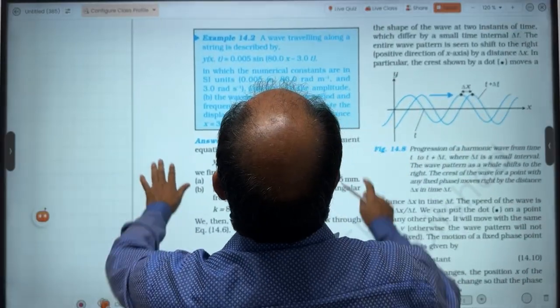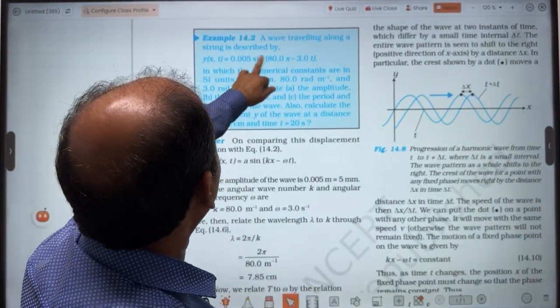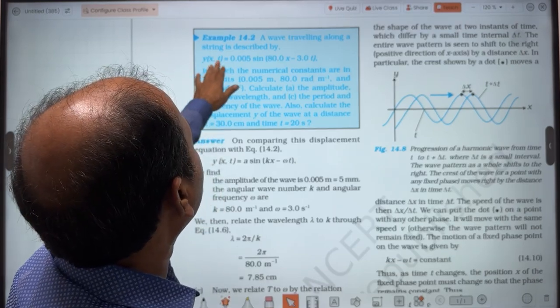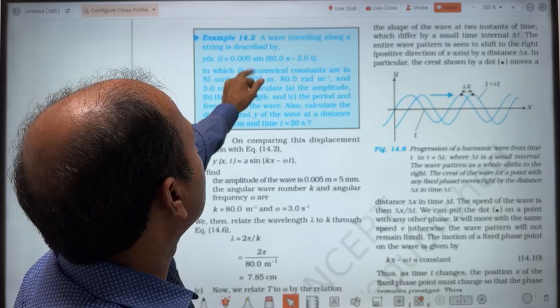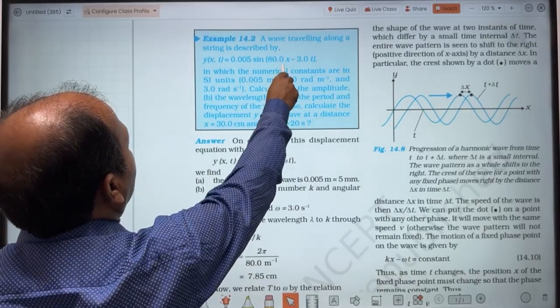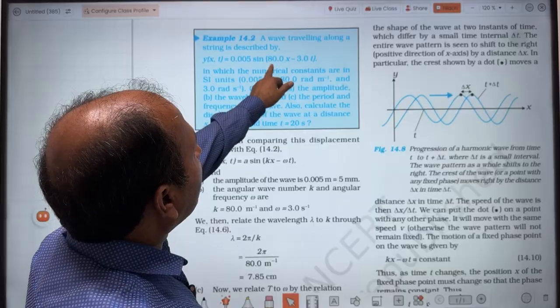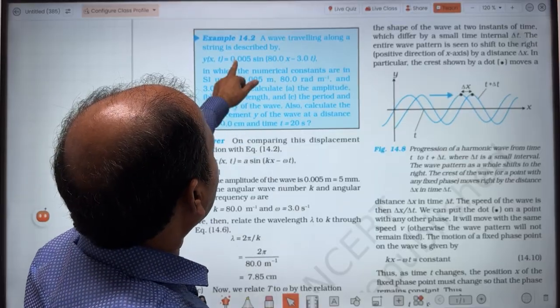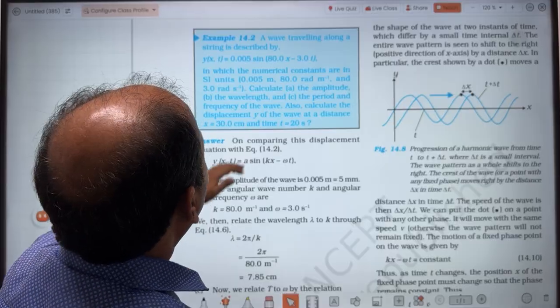Now further, let's consider one question. You are given an example: a wave traveling along a string is described by y(x,t) = 0.005 sin(80x − 3t), which is of the form a sin(kx − ωt).